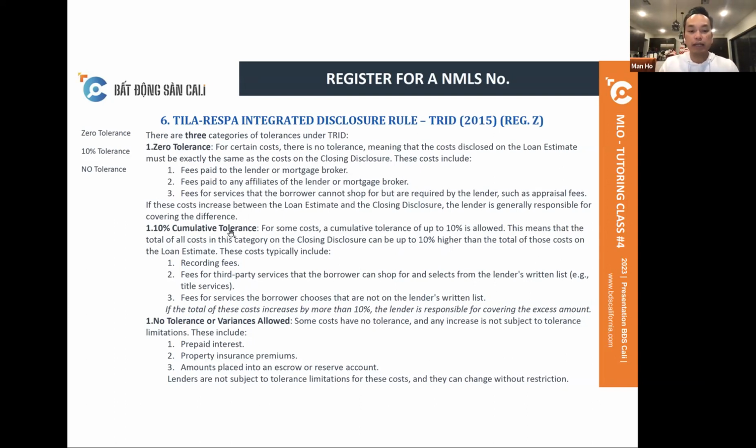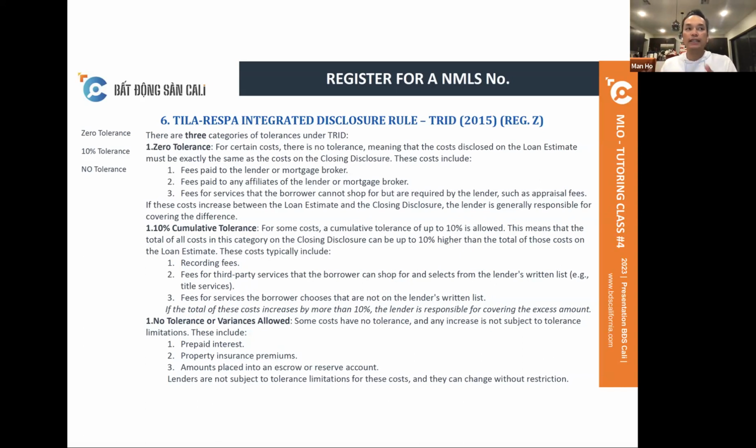Okay, cumulative tolerance, 10%. Cumulative tolerance means the amount between the loan estimate and the closing disclosure can be different by a maximum of 10%. For some costs, cumulative tolerance up to 10% is allowed. This means that the total cost of this category on the closing disclosure can be up to 10% higher than the total of those costs on the loan estimate, which includes recording fees.